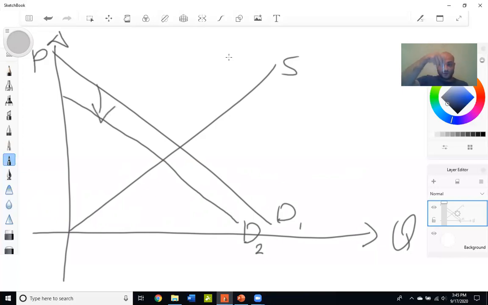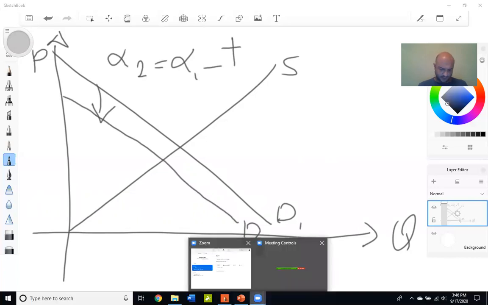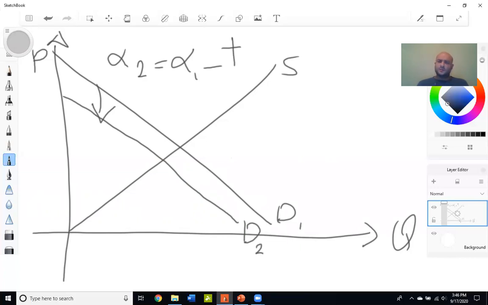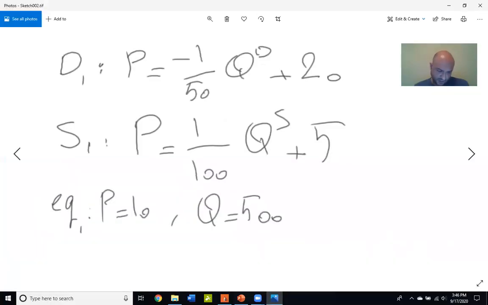at which point your intercept goes down. Your new alpha is equal to your old alpha minus the tax, how much tax you have to pay. So your new intercept, your old intercept was 20.